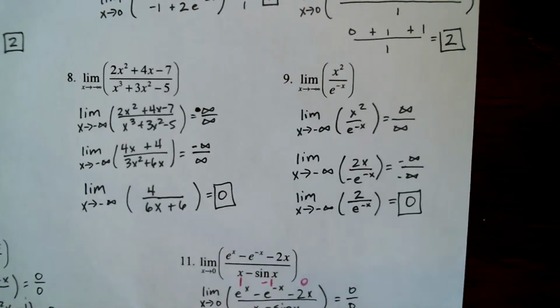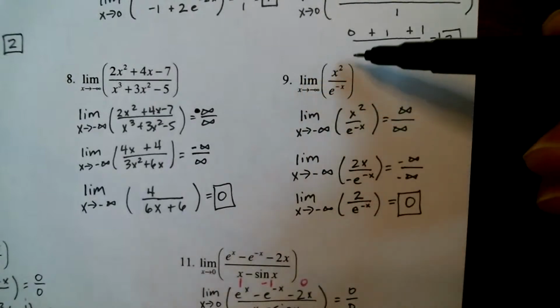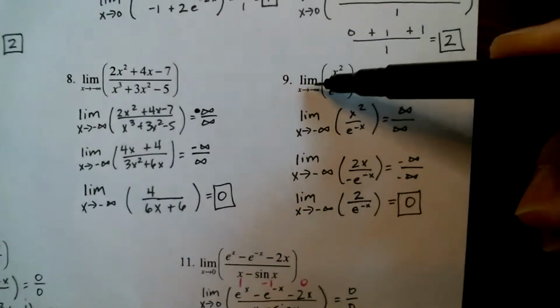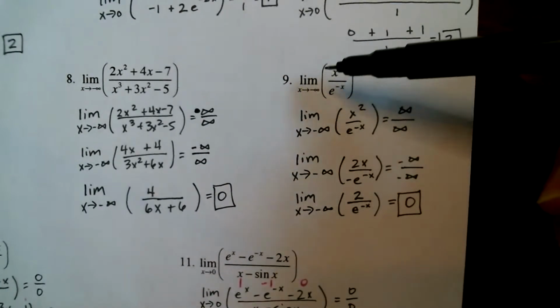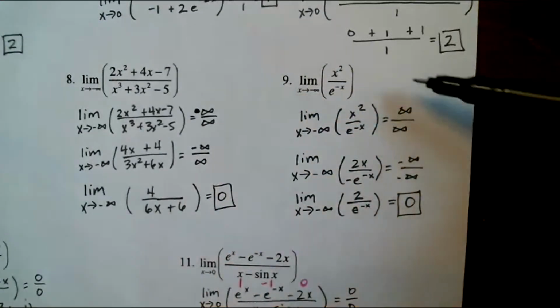Okay, so let me grab a pen. Walking through 9, we want to know what the limit of this function is as x goes to negative infinity. So what is y doing while x is going to negative infinity?